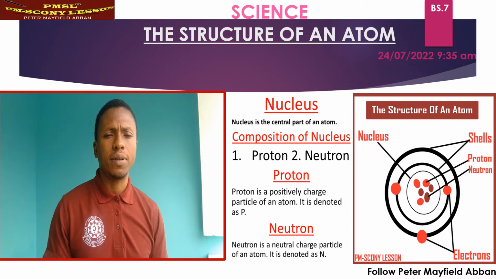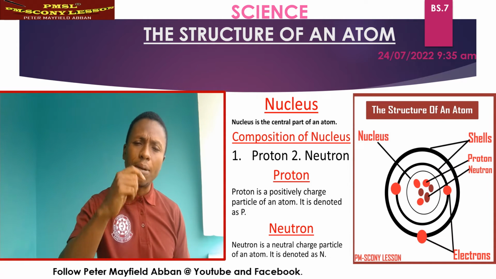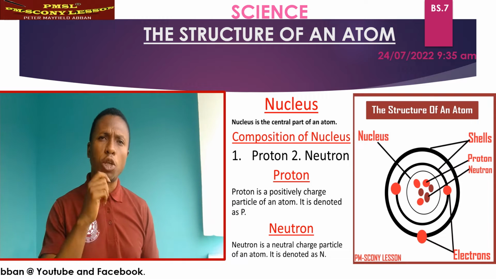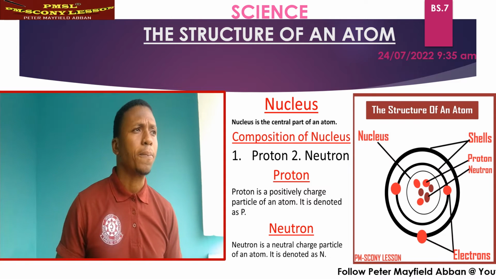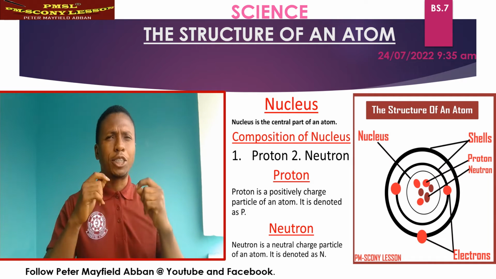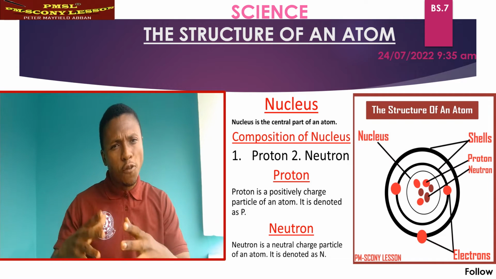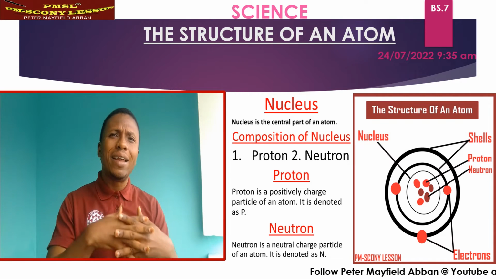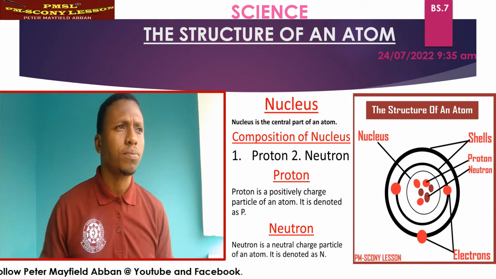So for instance, let's take lithium. Lithium has an atomic number of 3. And atomic number is denoted as the letter Z. So someone asks, what is an atomic number? Atomic number is the number of protons in the nucleus of an atom. You can also call atomic number the proton number.